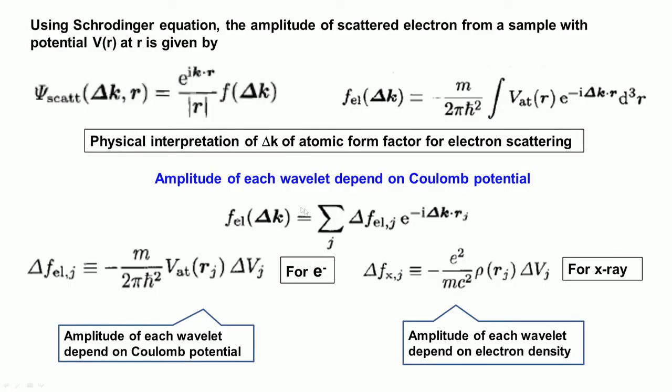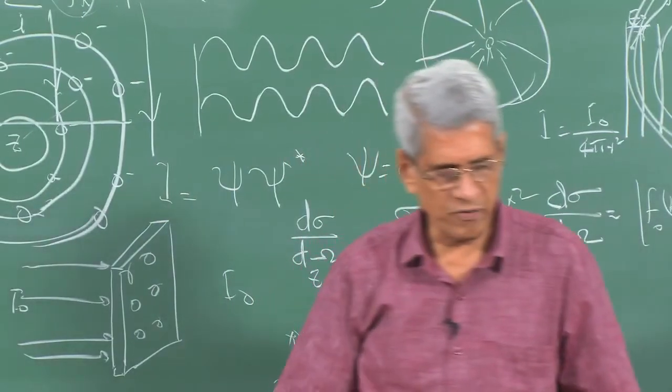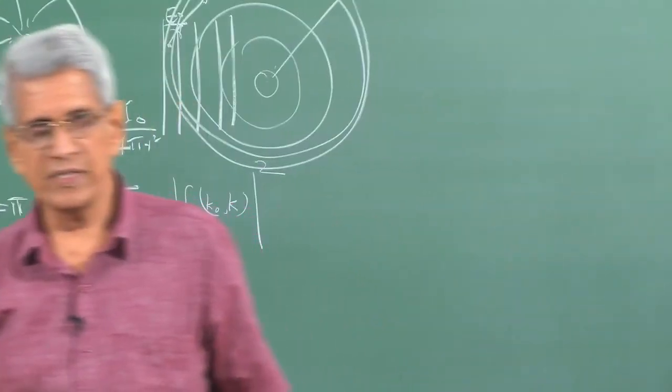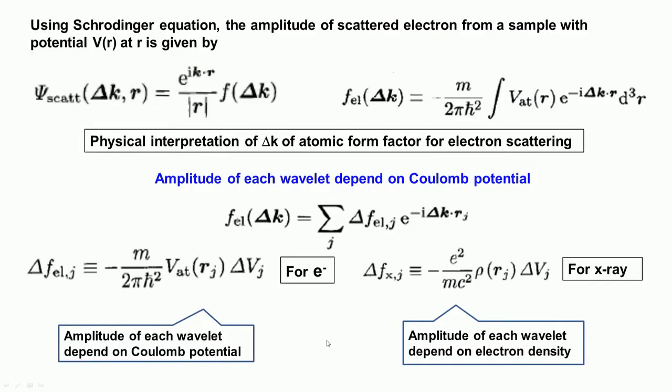We can write this as potential at different points, multiplied by this factor, as a sum, and if you integrate that sum, this sort of expression will come into the picture. The same way we can write it for X-ray also. For X-ray, the density at each point from the nucleus is what we have to take. So, essentially the amplitude of each wavelet we take, and that depends upon the Coulomb potential.